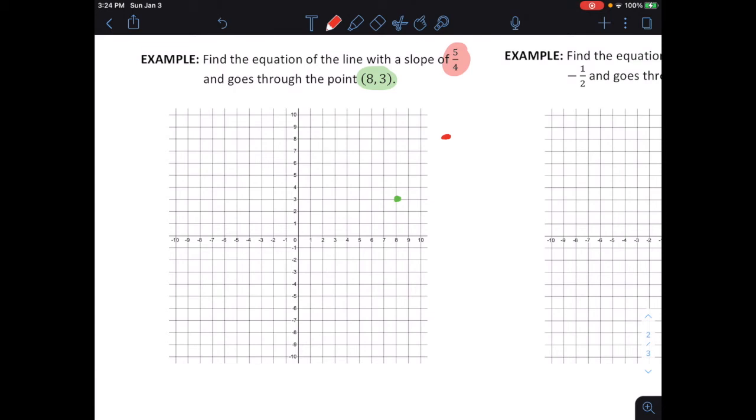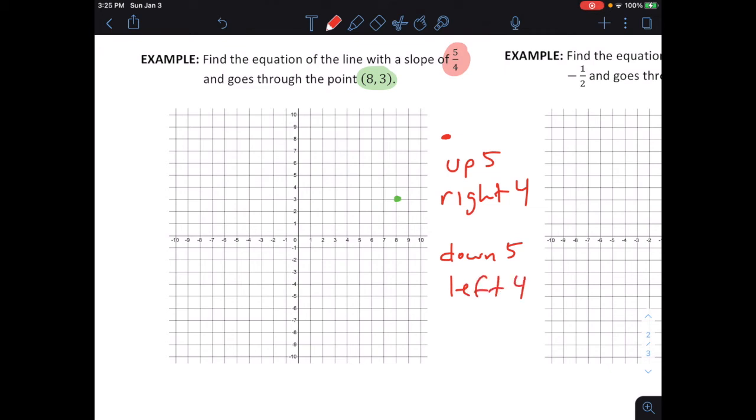And in this case, what we have to do, instead of going up 5 and over 4, we're going to go down 5 and to the left 4. Okay, so normally we would go up 5 and to the right 4. But we want to do the opposite of both of those things. So we're going to go down 5 and left 4. All right, so the opposite of both those things.